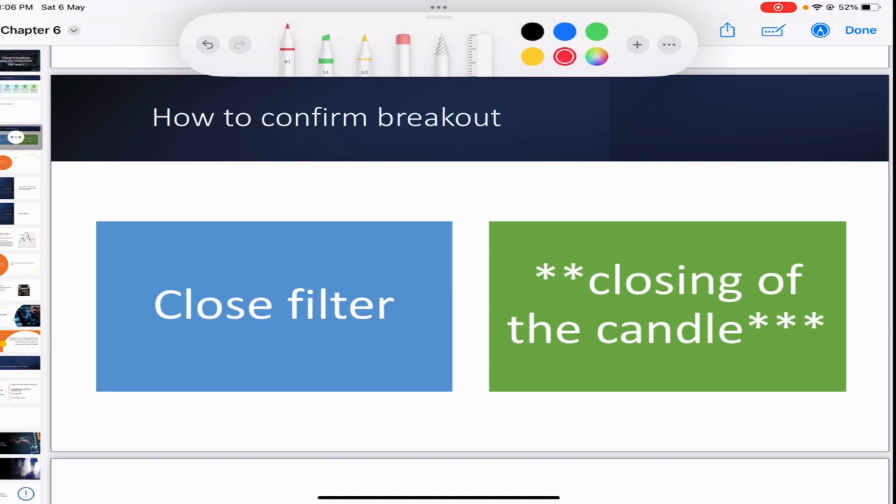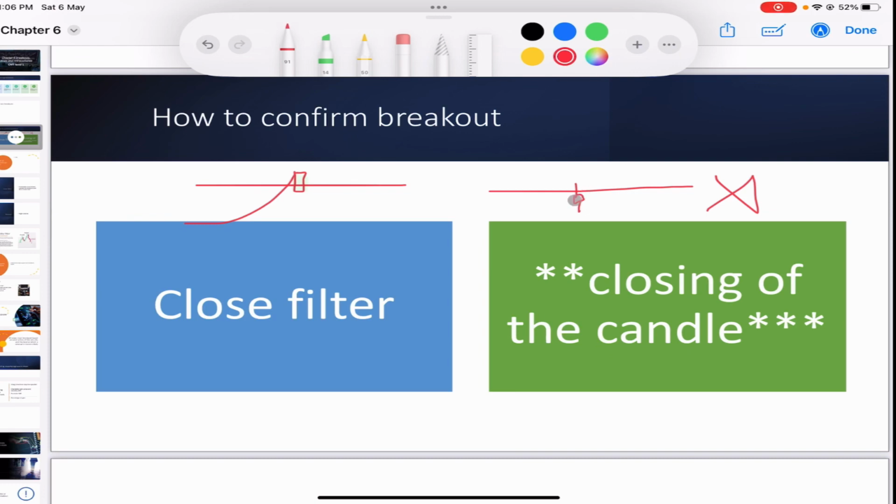So my first filter is the close filter, wherein I'm looking for the candle to close above my zone. For example, if this is my resistance level, I want my candle over here to close, not just the wick. It should basically close above the level. Now this is a perfect breakout. If this is my resistance level and my candle just has a wick over here, this is not my ideal situation.